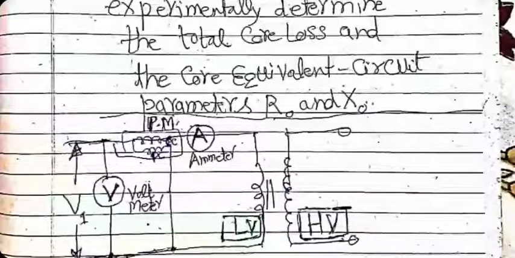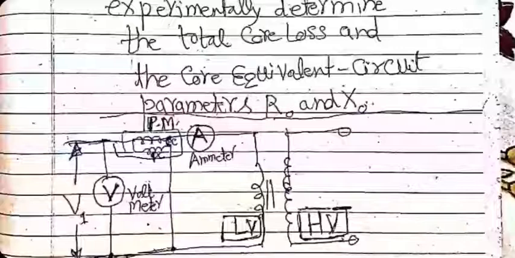We connect an ammeter in series with the LV winding to measure the current going in. We also connect a power meter which has two coils, pressure coil and current coil. So power P value, not Q value, only real power will be measured by this power meter. And we of course also monitor the voltage being applied by connecting a voltmeter. 3 instruments are required to carry this test.